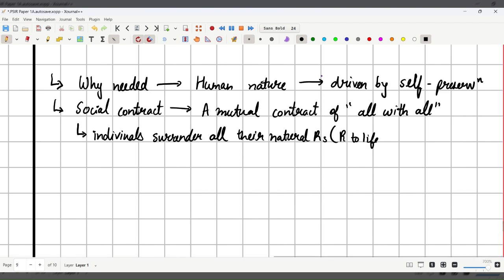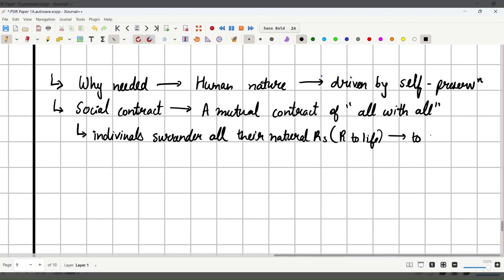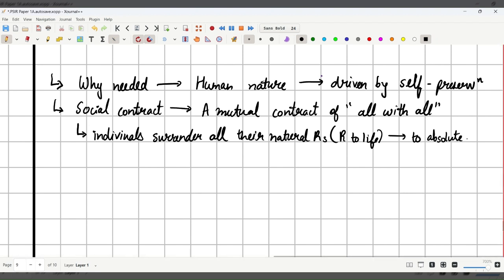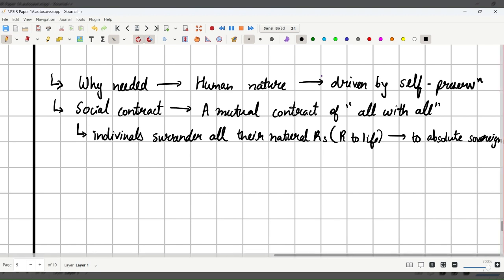And they surrender to whom? To the absolute sovereign, okay. Why do they surrender? For self-preservation, okay.